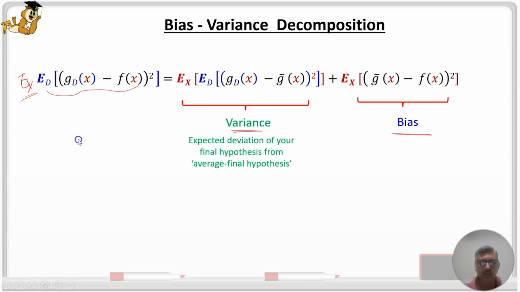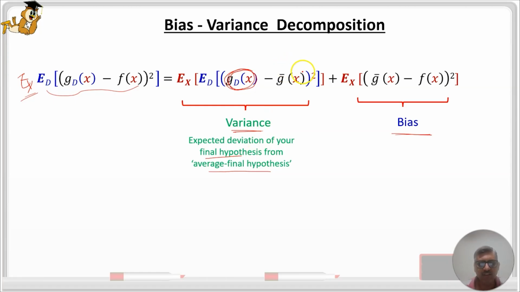Now look at this variance. The variance is the expected deviation of your final hypothesis from the average final hypothesis. That is what this is. This was your data set. This is the final hypothesis that you got for your data set.